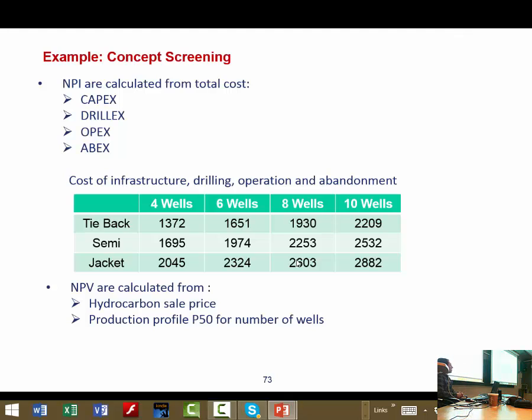That is the cash out, everything that would cost you. And then the total income: net present value divided by net present investment, which is actually the cost of the project, including capital cost, drilling cost, operation cost, and abandonment cost.